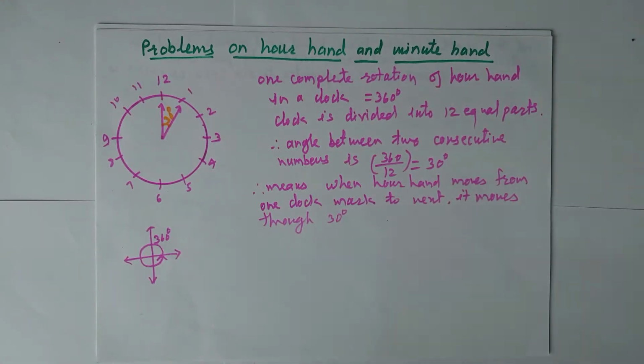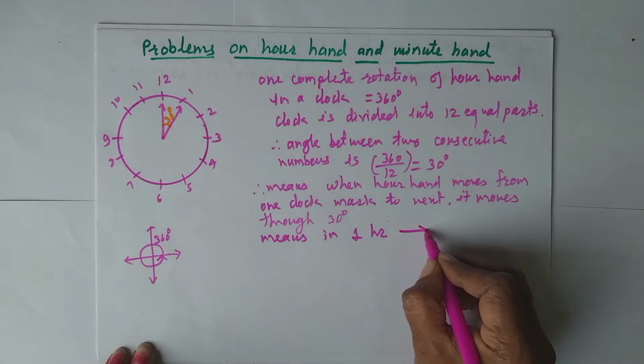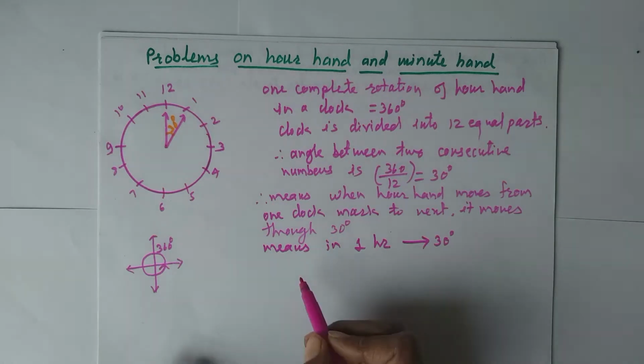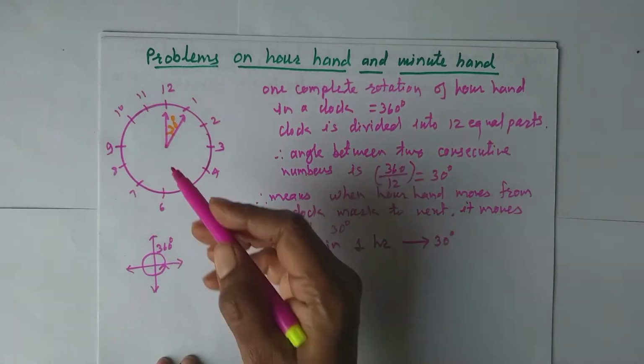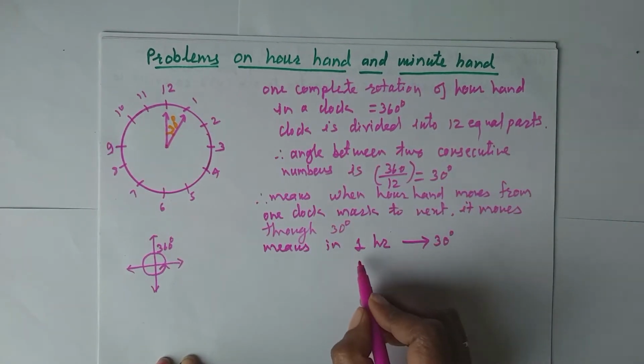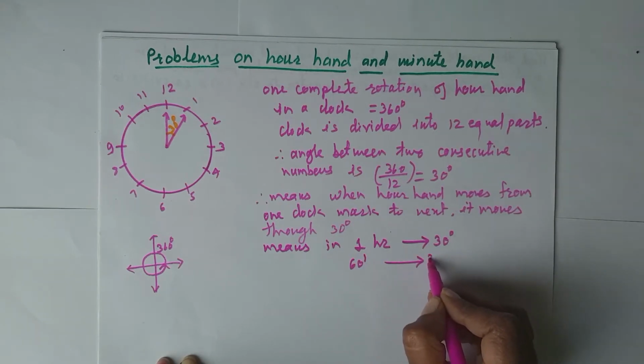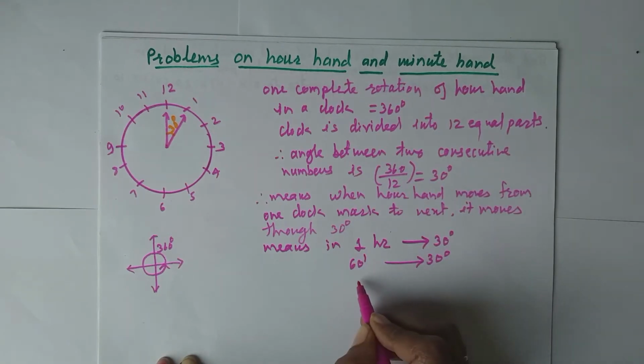This means in 1 hour the hand moves 30 degrees. 1 hour means 60 minutes. That is, in 60 minutes it moves 30 degrees.